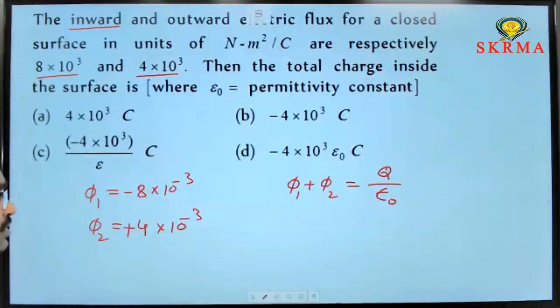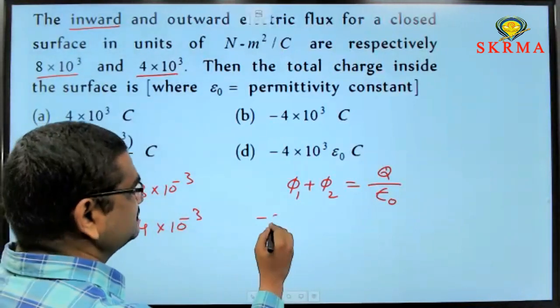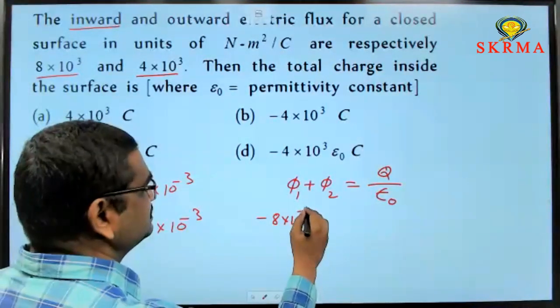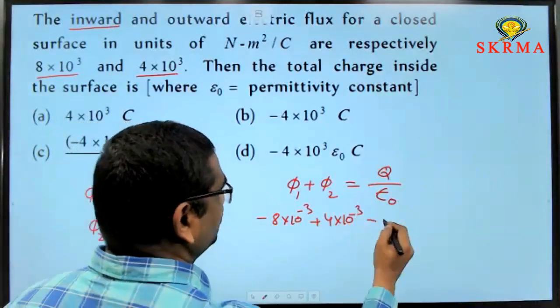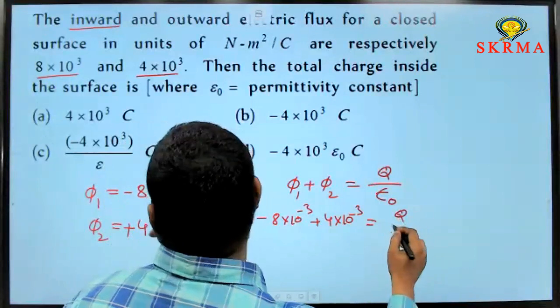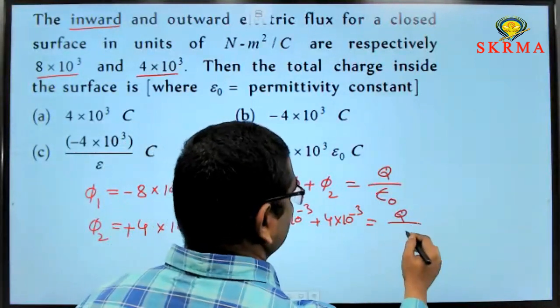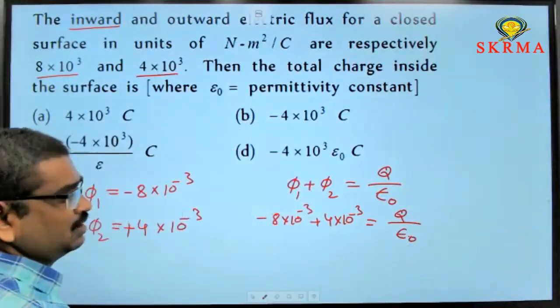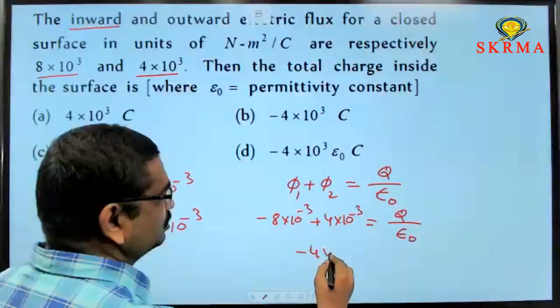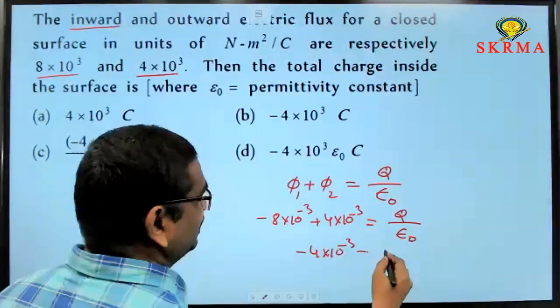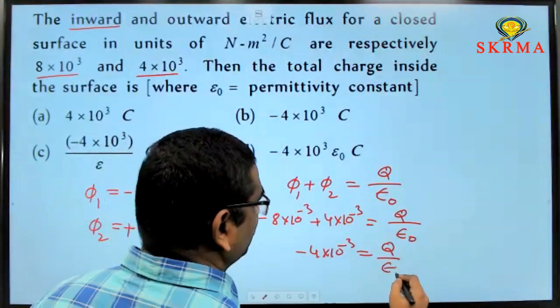Substitute that. Phi1 is -8 into 10 power -3 plus 4 into 10 power -3 equals q by epsilon naught. The answer is in terms of epsilon naught only. So on this side, how much is it? -4 into 10 power -3 equals q by epsilon naught.